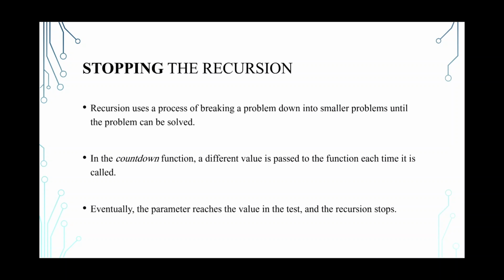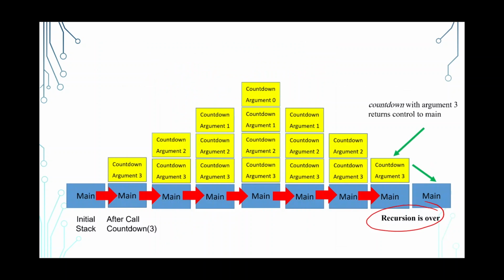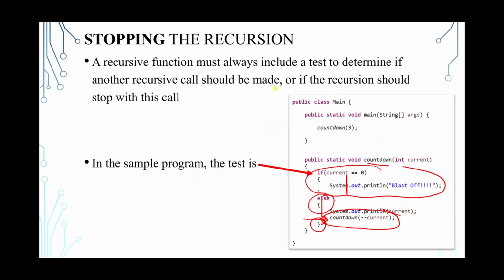So recursion uses a process of breaking a problem down into smaller problems until the problem is solved, or can be solved, or simple enough to be solved. In countdown function, a different value is passed to the function each time it's called. As you can see in here, we called with argument 3, then 2, 1, 0, and so on.